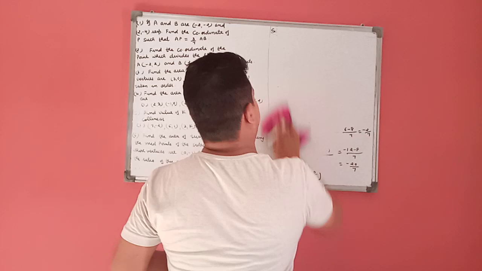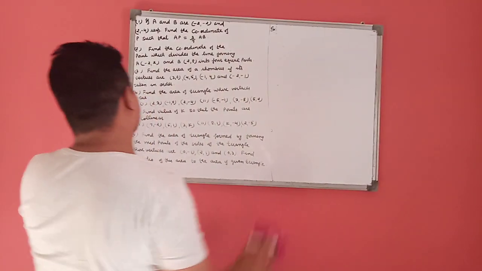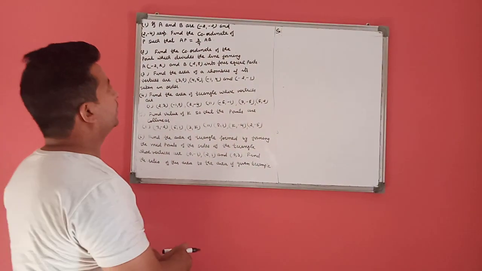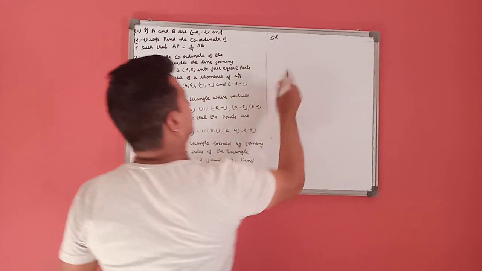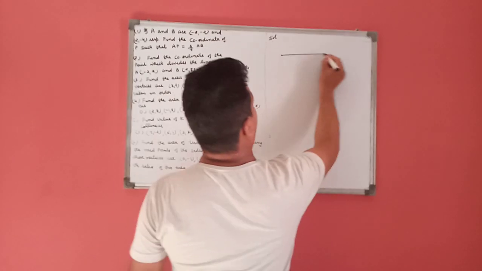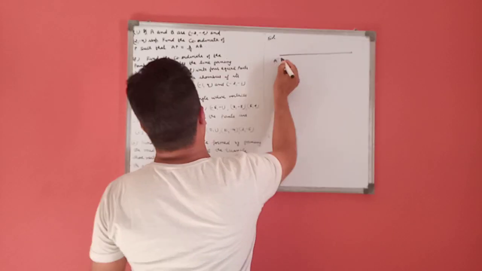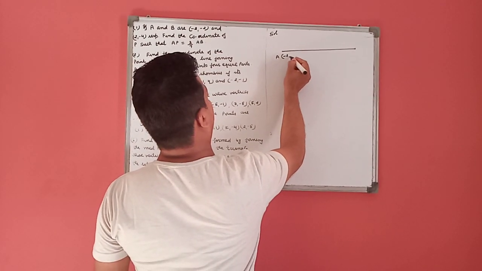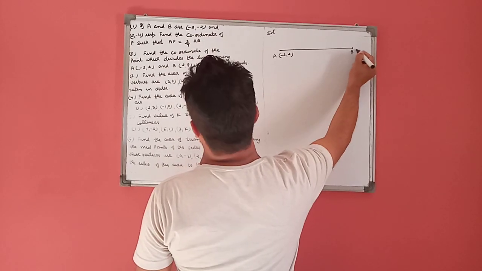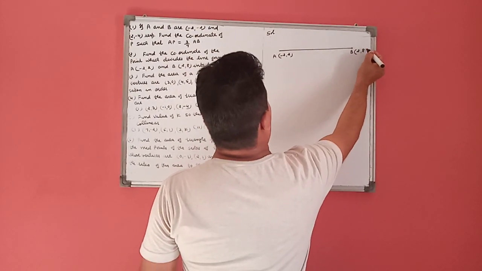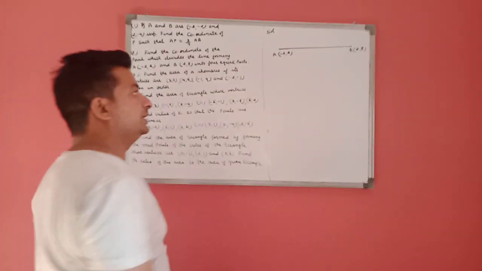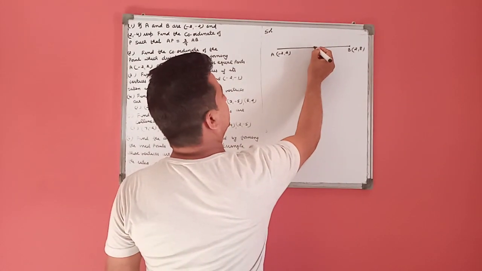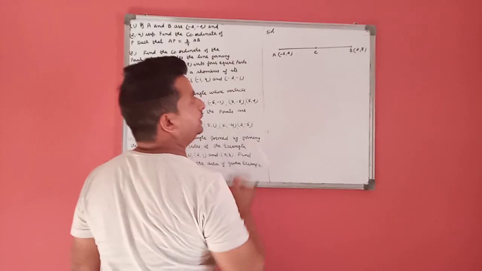In question number 2, the statement is: find the coordinates of the points which divide the line joining A and B into 4 equal parts. We have these two coordinates of A and coordinates of B. We are required to divide this line into 4 equal parts. For this, first we divide this line into 2 equal parts.